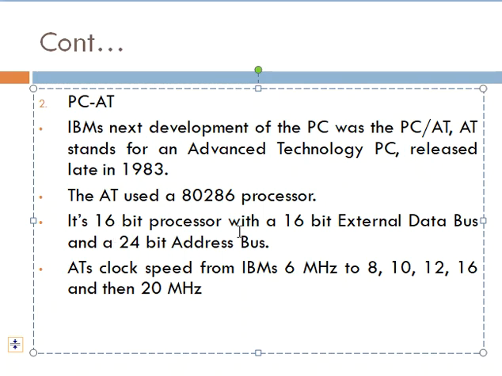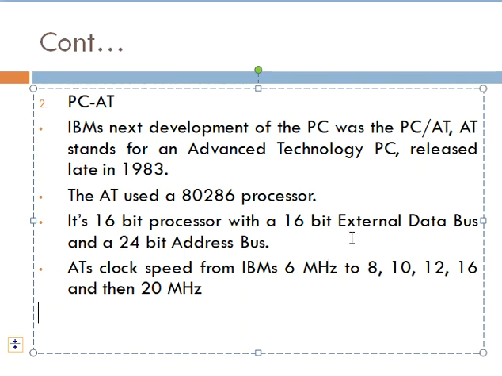It's a 16-bit processor with a 16-bit external data bus and a 24-bit address bus. The clock speed is 6 megahertz, and it gradually increased to 8, 10, 12, 16, and 20 megahertz. Everyone knows the speed in megahertz gradually increased.